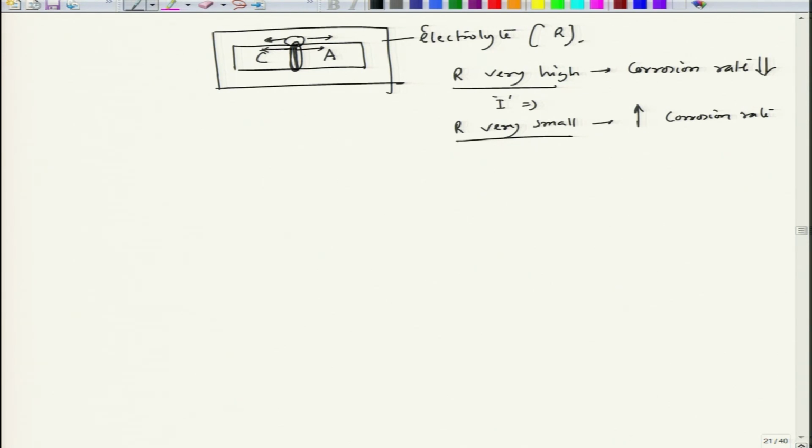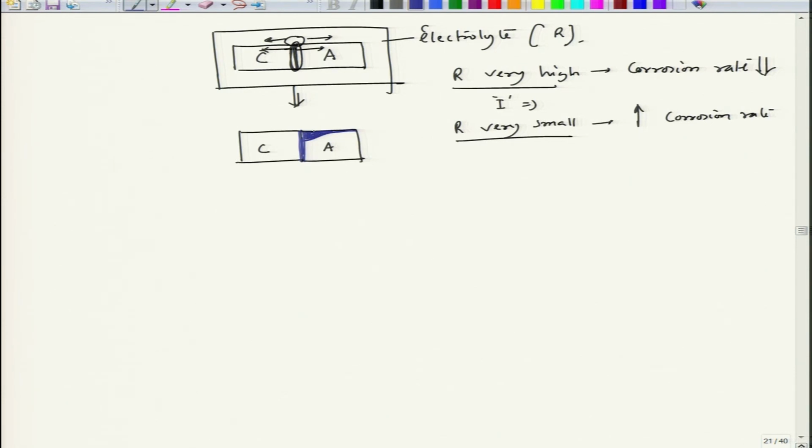So, if we have a situation like this, then I would have a typical corrosion process. Let us say this is anodic, this is cathodic. In that case the typical corrosion process would be near this junction, the corrosion here would be more and the corrosion pattern would look like this. So, this is the corrosion pattern.